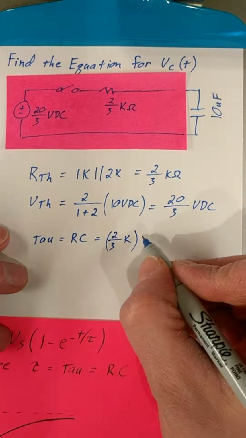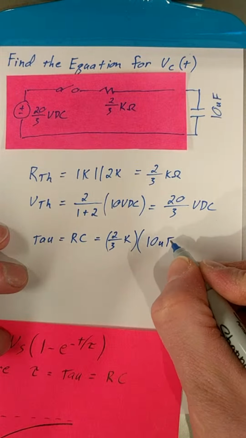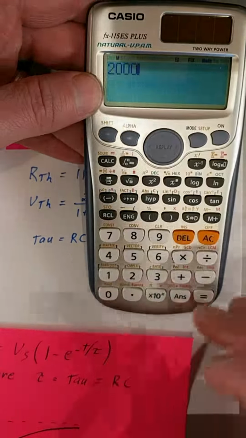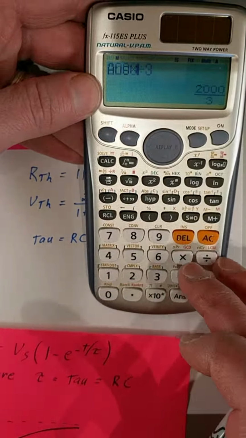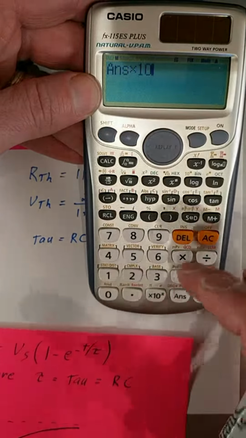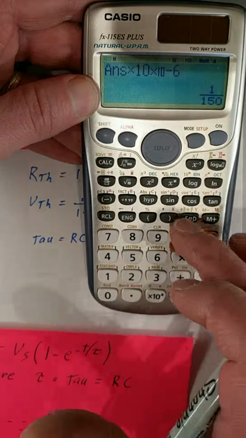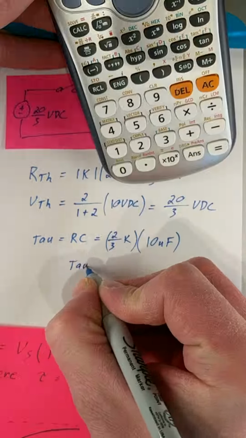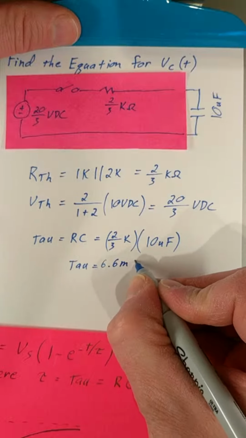In this case, it's 2/3 K multiplied by the capacitor, which is 10 microfarads. We key that into the calculator as 2,000 divided by 3 multiplied by 10 raised to the negative 6th power, which gives us a tau of 6.6 milliseconds.